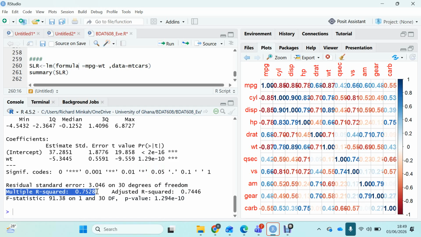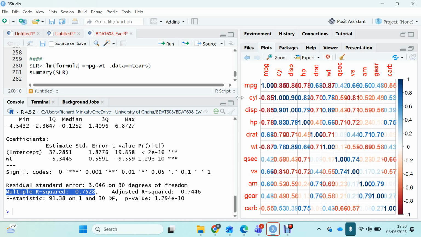Okay. So if you look at it, the coefficient of weight is actually significant. You see it is almost close to 0. So if we are doing a hypothesis test, we'll reject the null hypothesis that the coefficient of weight is 0, which is highly significant. Look at the R squared.